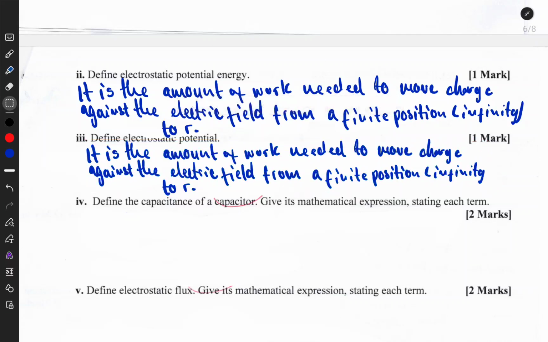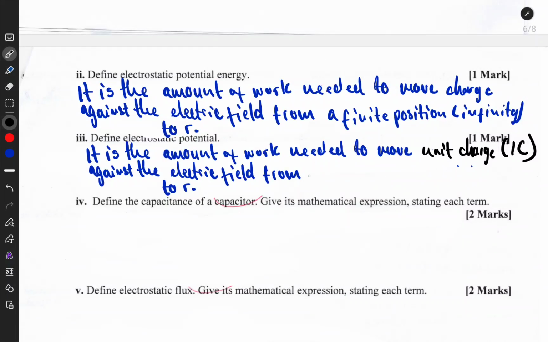Now it is the amount of work needed to move unit charge, which means 1 coulomb of charge, against the electric field from infinity to a given position in an electric field.